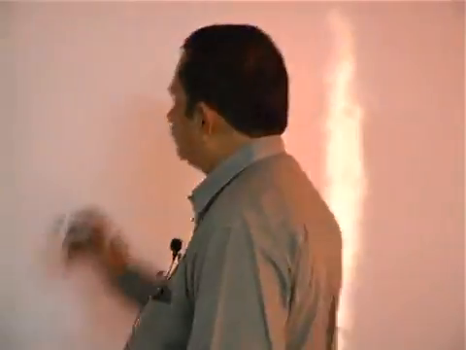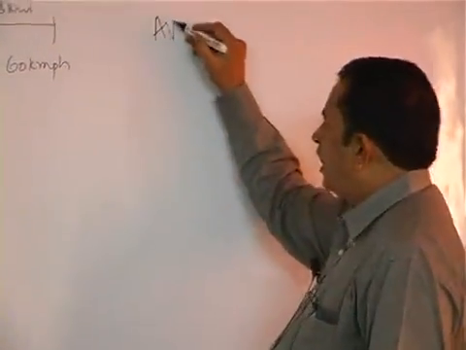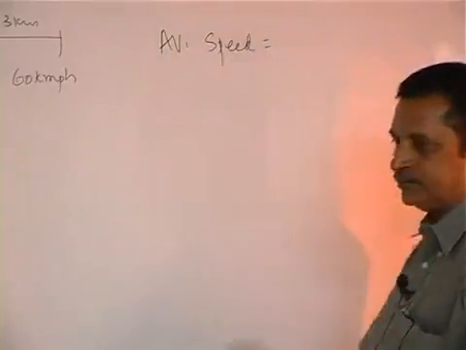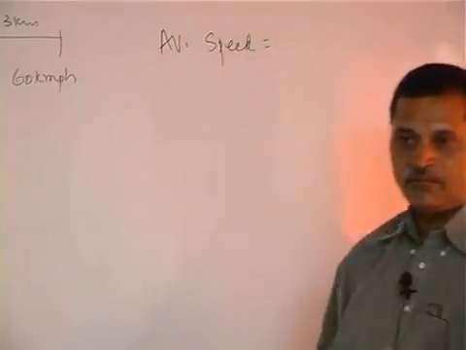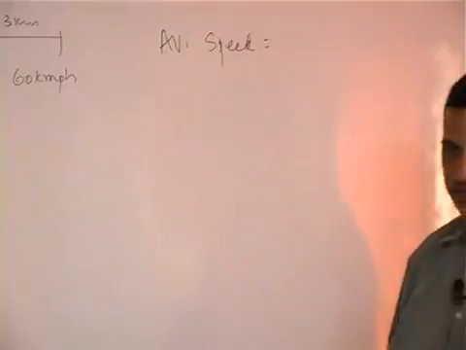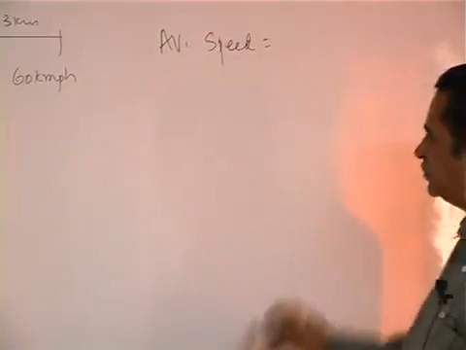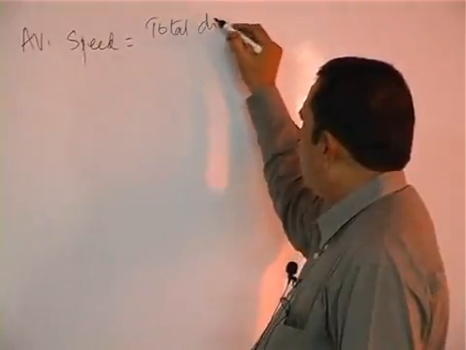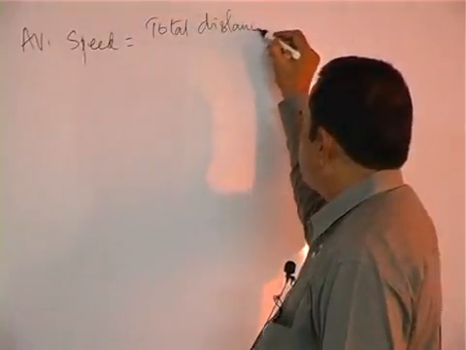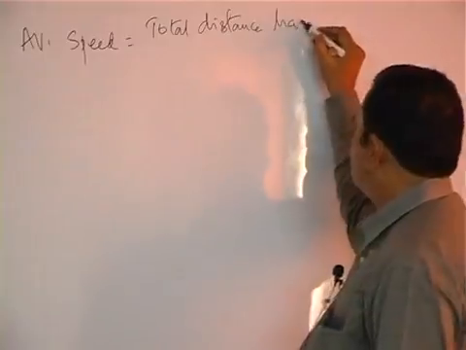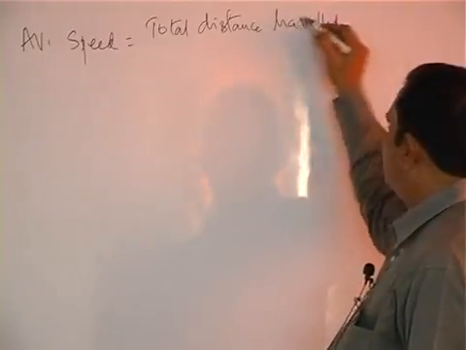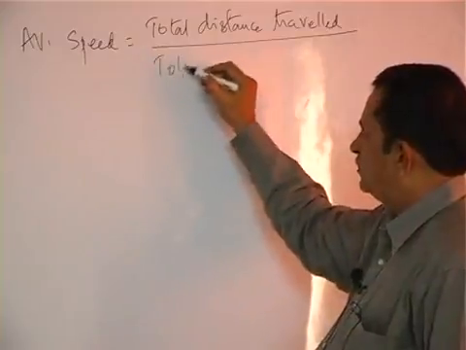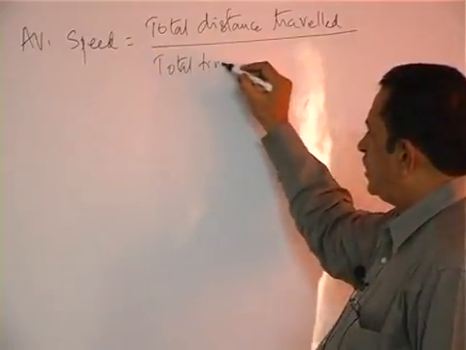Simple. Average speed is equal to total distance travelled by total time taken.